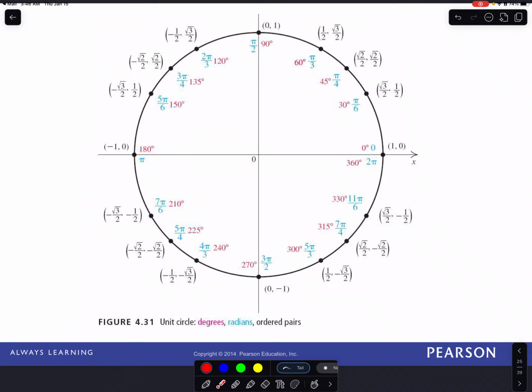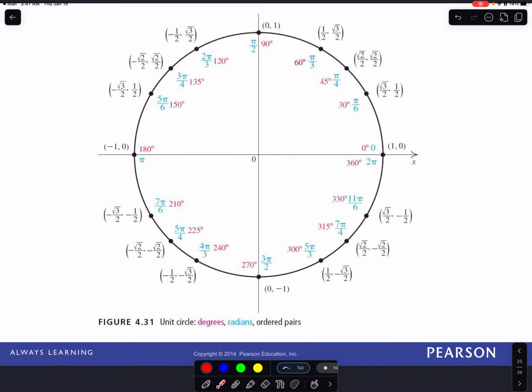Let me see. 12. Does that work? But yeah, once you have degrees, you can just do calculations to find the radian measure. Over 6.